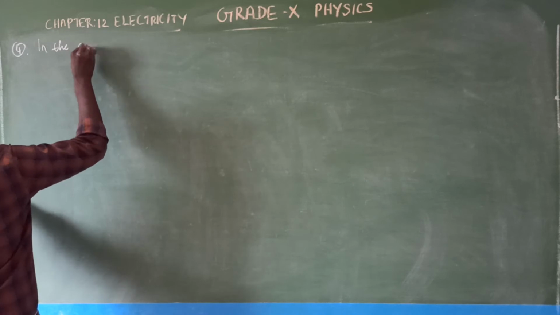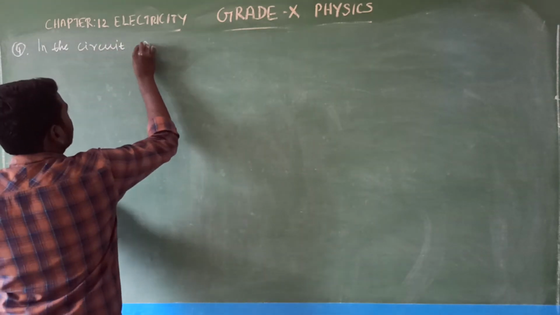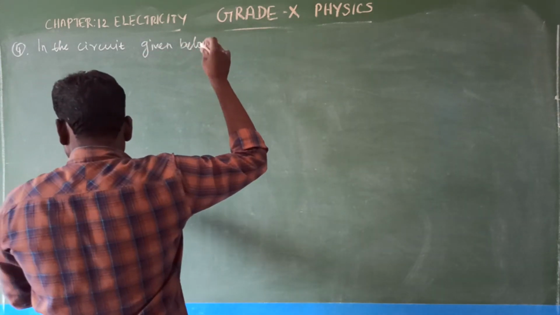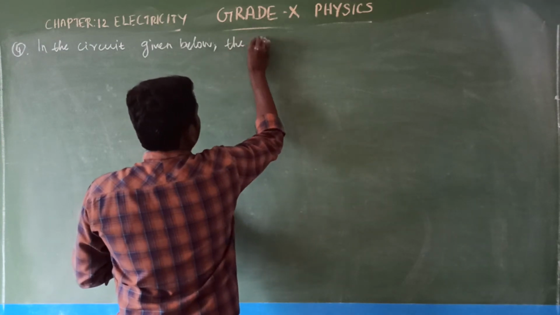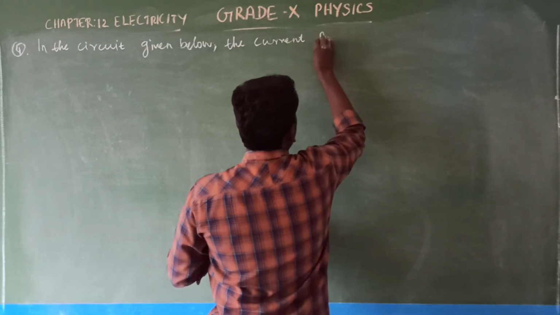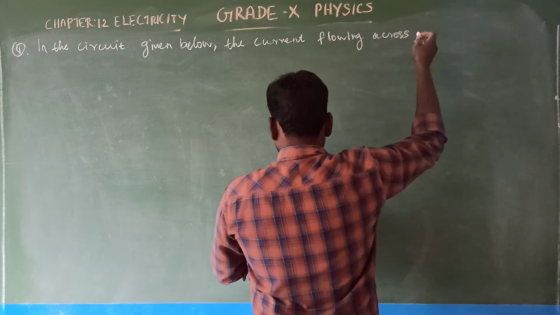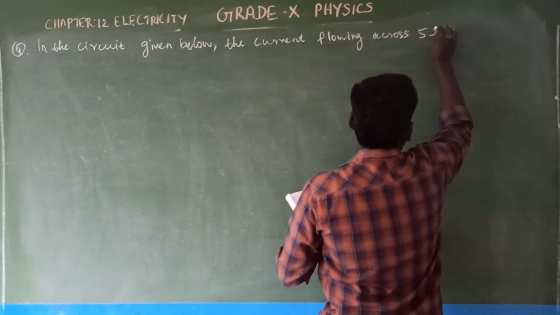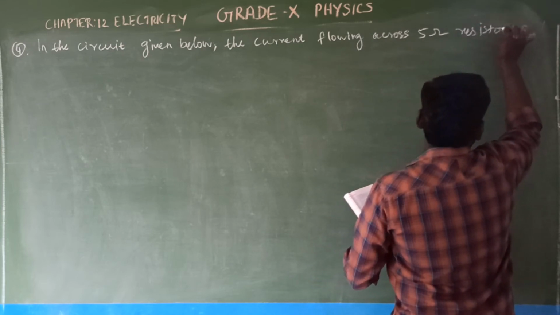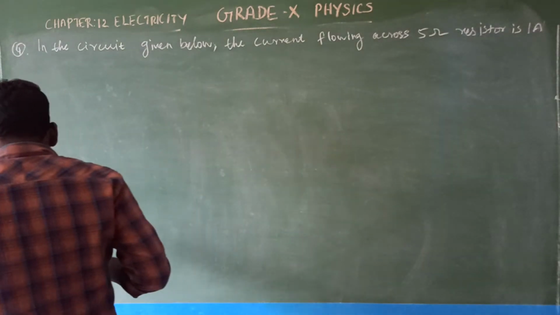In the circuit given below, the current flowing across the 5 ohm resistor is 1 ampere.